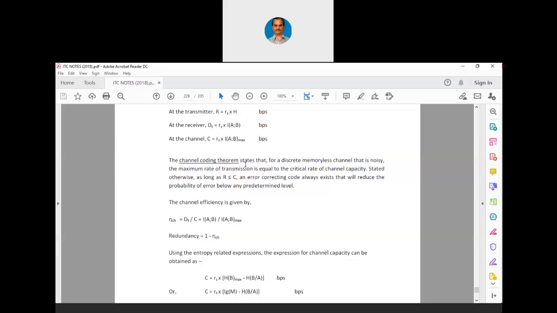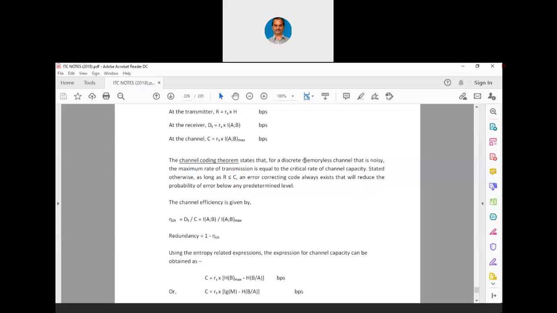Now the channel coding theorem states that for a discrete memoryless channel that is noisy, discrete means what? Data goes one after the other. Memoryless means what? The channel does not have its previous memory, which means statistical independence is shown there in the channel.